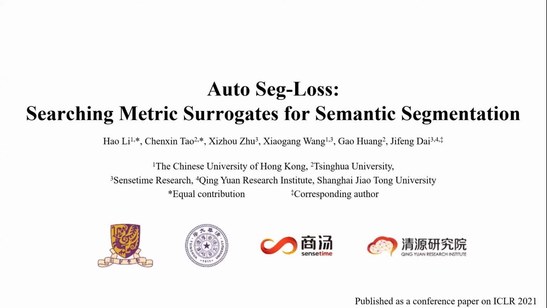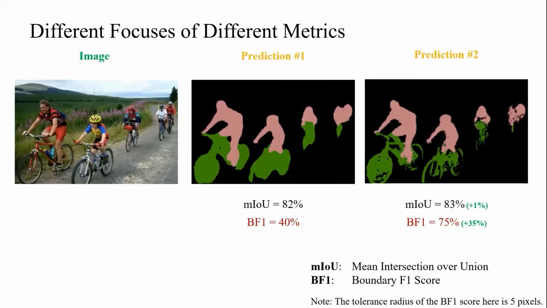Now, we first introduce our paper published at ICLR 2021. It's called AutoSegLoss, Searching Metric Surrogates for Semantic Segmentation. Let me first explain why we choose the specific task of semantic segmentation. Because for the task of semantic segmentation, there are numerous evaluation metrics to measure the quality of the segmentation output.